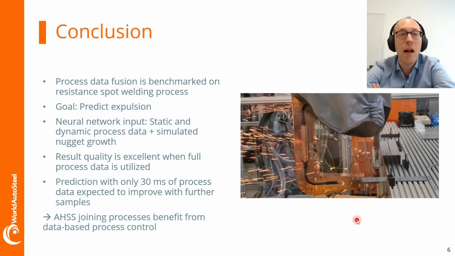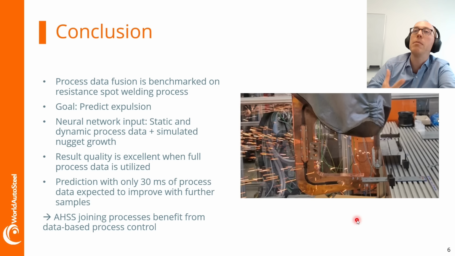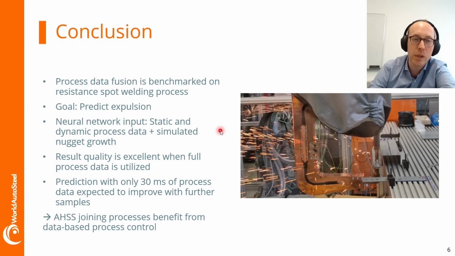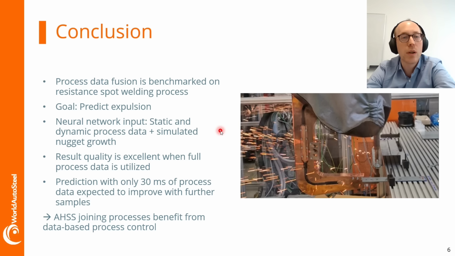In conclusion, I've shown a little use case for process data fusion in resistance spot welding. We want to predict expulsion and to ultimately be able to act against expulsion. It's a neural network that uses static and dynamic process data and is also enriched with simulation results. The process quality and the result quality is excellent when the full process data is used. If we squish it together and only use around 30 milliseconds of process data, we get a slightly worse model result.